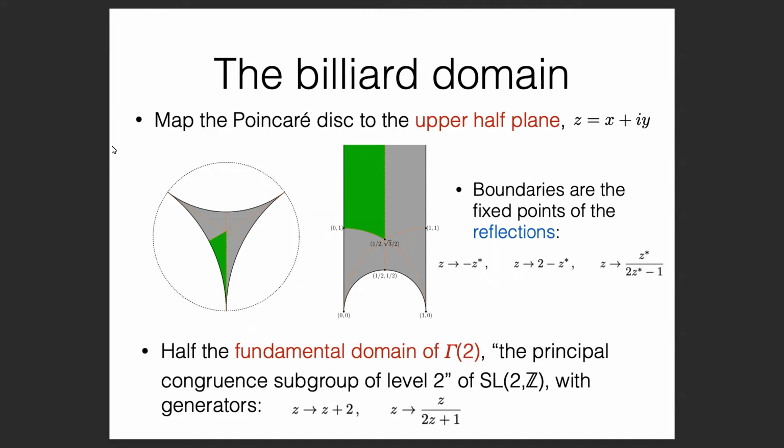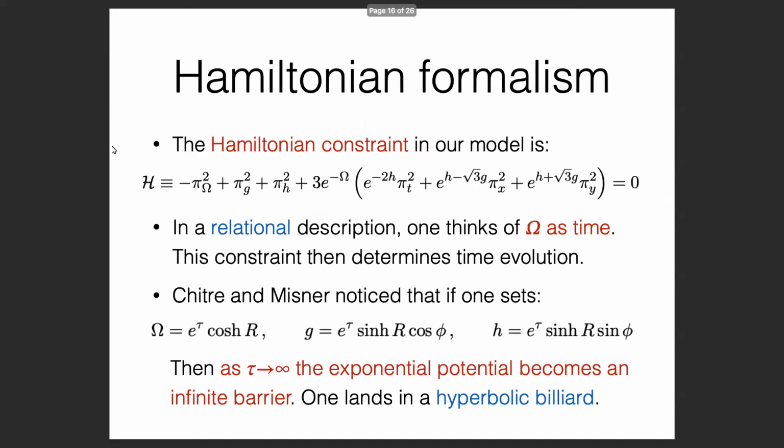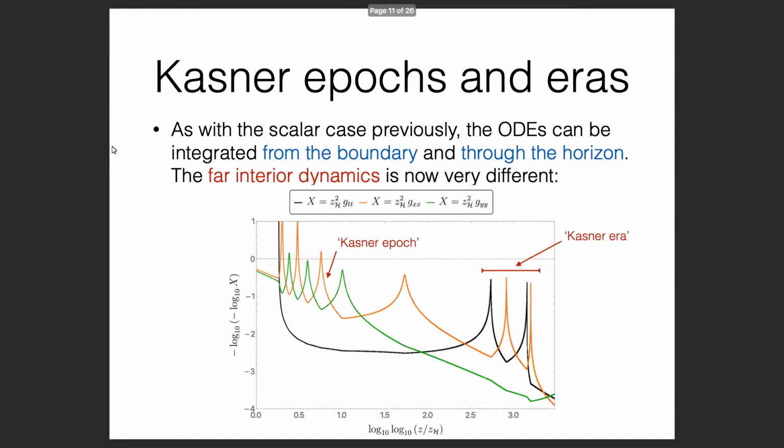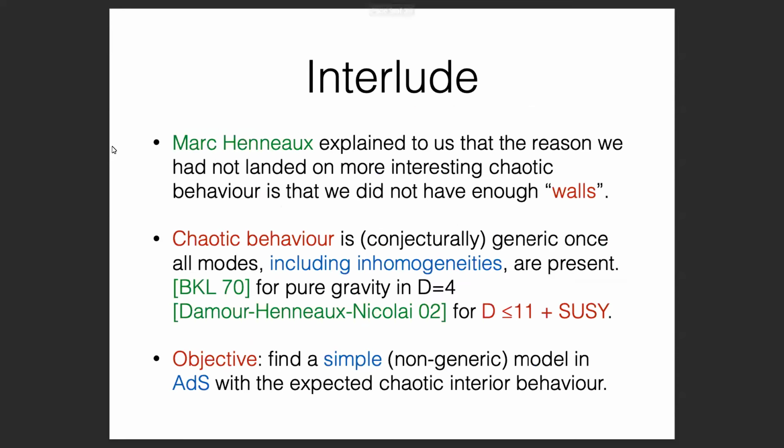What Damour and Nikolai did is they took different dimensions, and now it's no longer a triangle. It's a higher dimensional simplex, or whatever the right word is, a higher dimensional polyhedron that you're in. The walls you get depend on the theory.